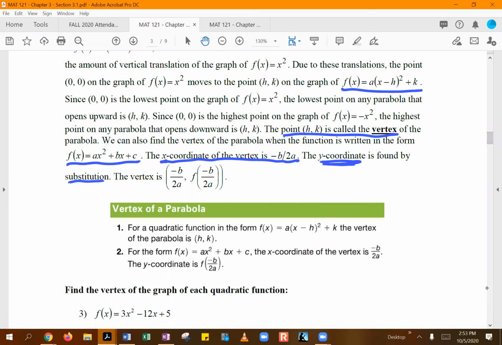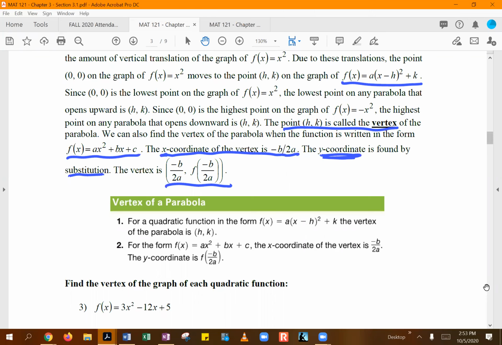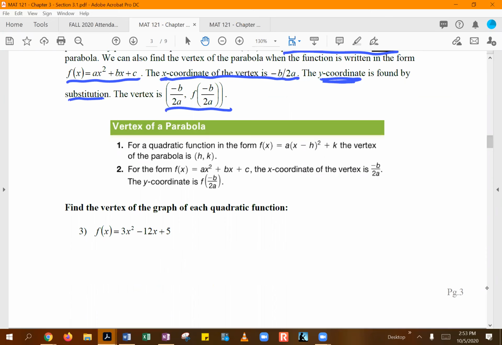You put it back into the equation, and that will help you come up with the vertex for your equation in the standard form. So for the transformation form, you just use the ordered pair (h, k) for the vertex. For the standard form, you use negative b over 2a for the x value, and for the y value, we plug it back into the equation to find that y coordinate.